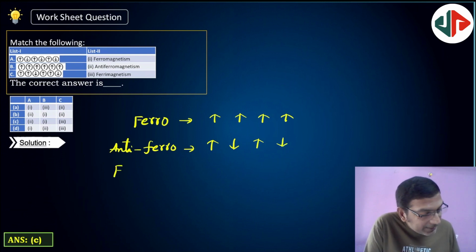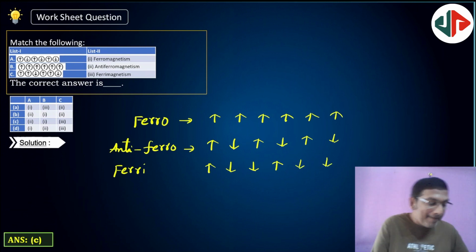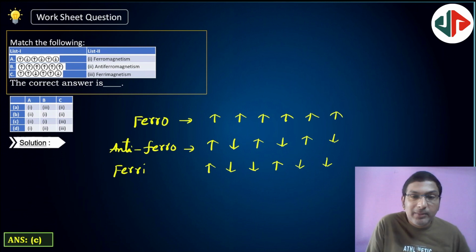Ferrimagnetism: unequal number of upward and downward.